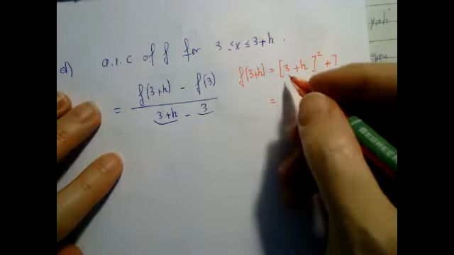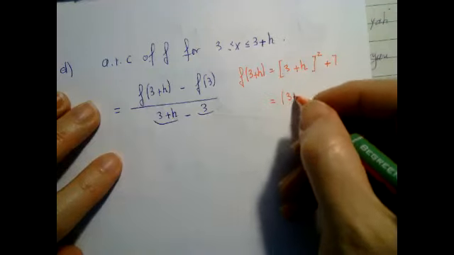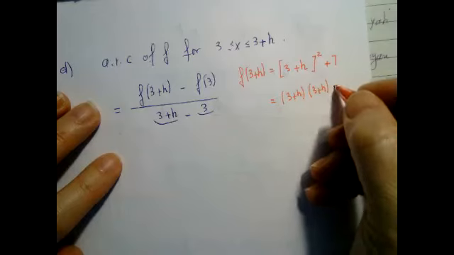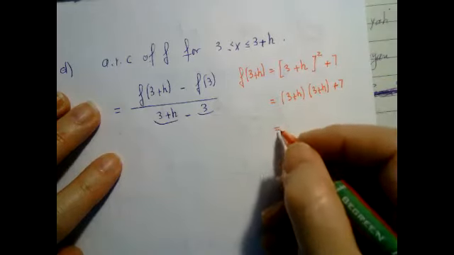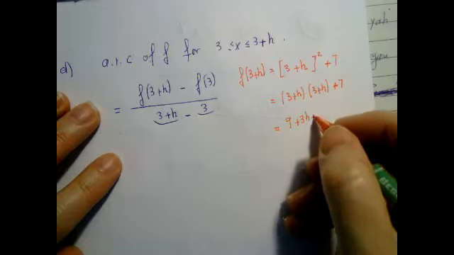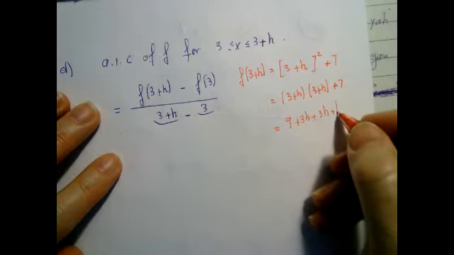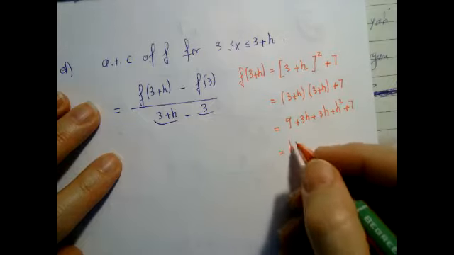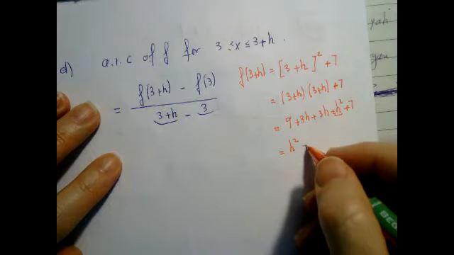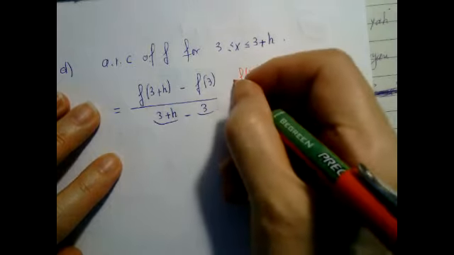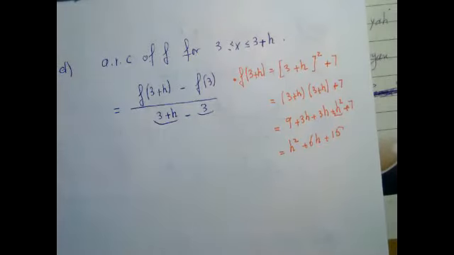So this is going to give me 3 plus h times 3 plus h plus 7. It means 9 plus 3h plus 3h plus h squared plus 7. It's going to give me h squared plus 6h plus 15. Okay, that's for f of 3 plus h.